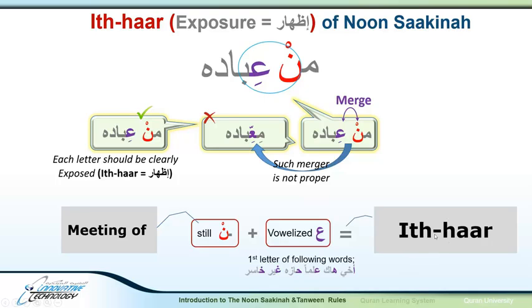And izhar basically is the rule unless otherwise indicated in tajweed in general. Whenever you don't know a rule, make it izhar. So the golden rule, I would say, is izhar unless specified otherwise.